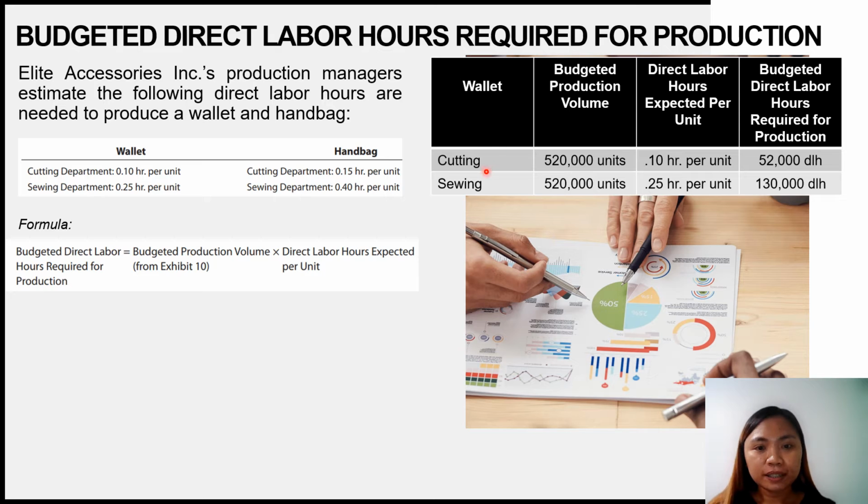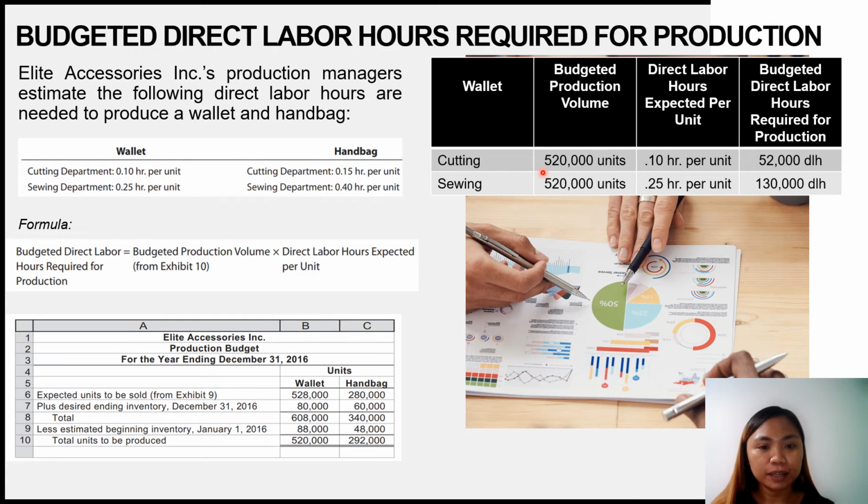In the cutting department, 520,000 units times 0.10 hour per unit is equal to 52,000 direct labor hours. We have computed this earlier in the production budget that 520,000 units will be produced for the year ending December 31, 2016. So the 52,000 direct labor hours is needed in the cutting department to produce 520,000 units of wallet.